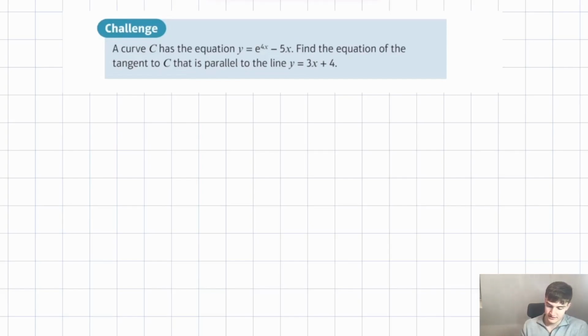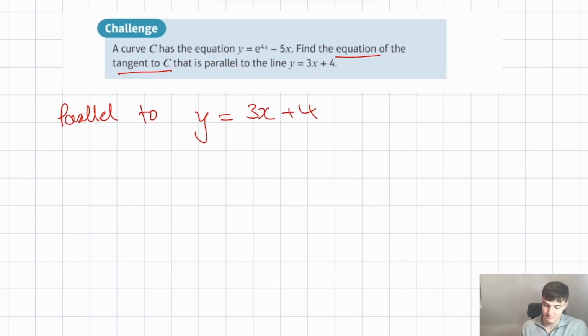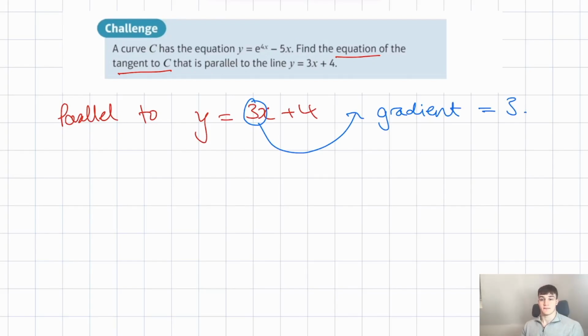So we want to find the equation of the tangent to C that is parallel to that line. If it's parallel to this, what does that mean? It means that the gradient of our line that we're trying to find must be 3. So that's probably a good place to start.